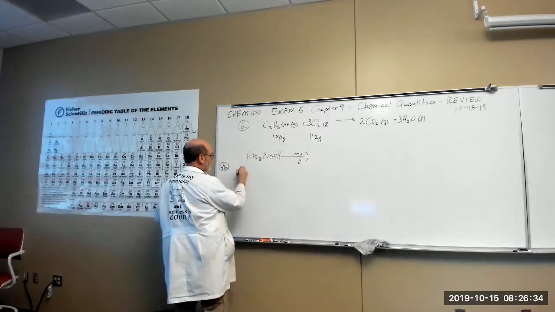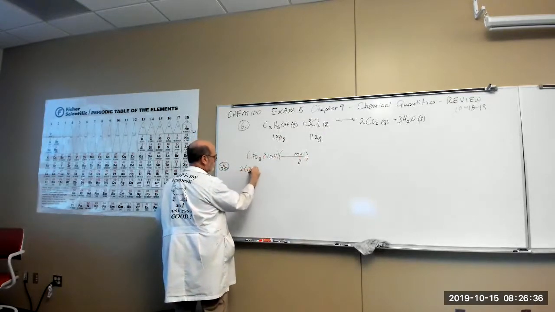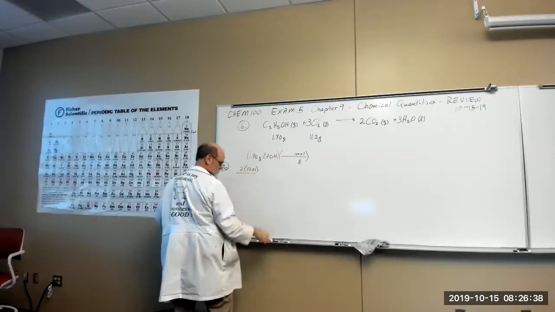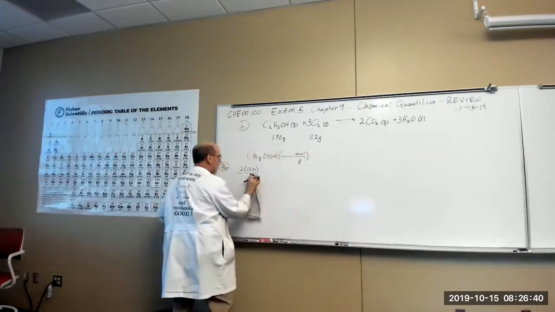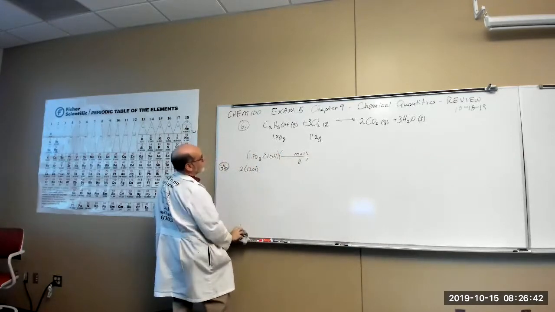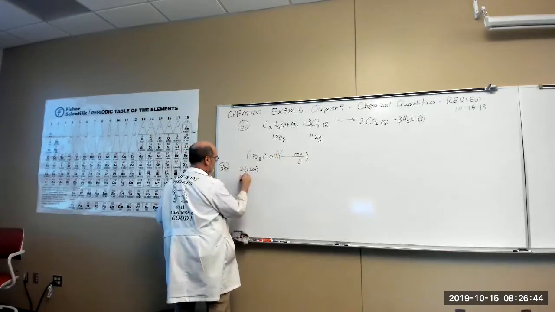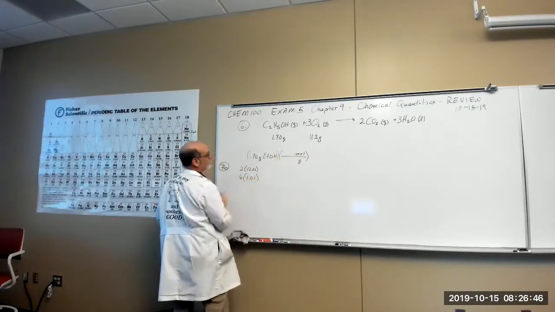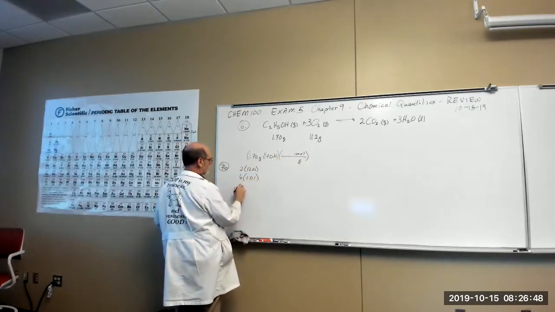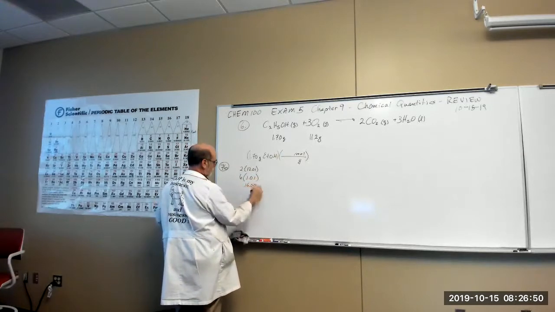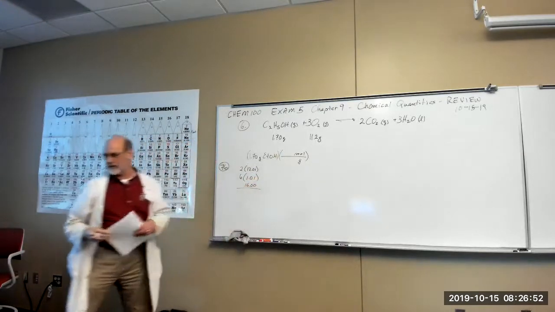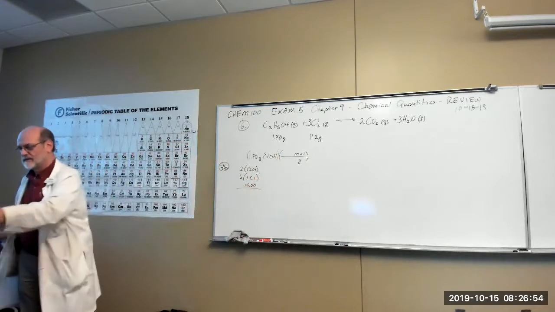So we need 2 carbons, and we have 6 hydrogens, and we have 1 oxygen. So just add those up, get our molar mass.